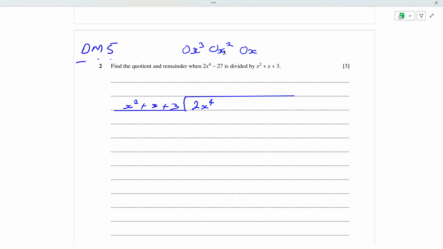For example, when you want to subtract x squared, you want to have an x squared on top. You don't want to have x cubed on top and then subtract, because that just makes your work difficult. Let me show you what I mean. So you write 2x to the 4 plus 0x cubed plus 0x squared plus 0x plus the constant term, which is minus 27.